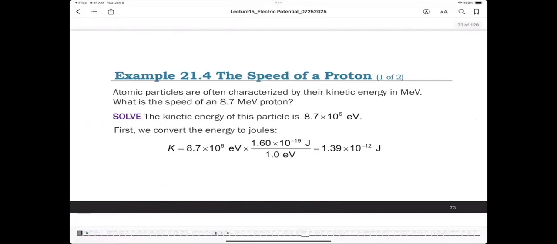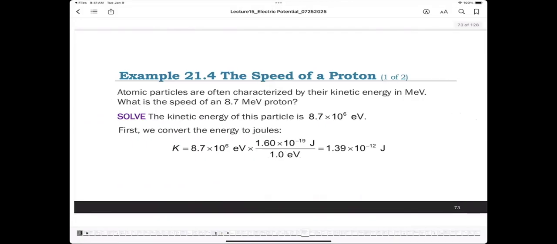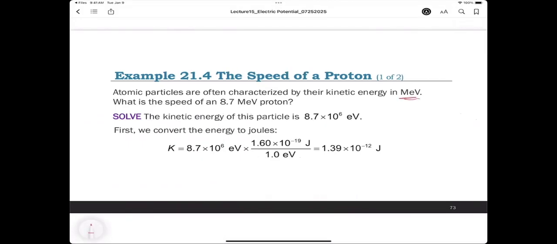Atomic particles are often characterized by their kinetic energy in MeV. So this is a unit. And what is the speed of an 8.7 MeV proton?